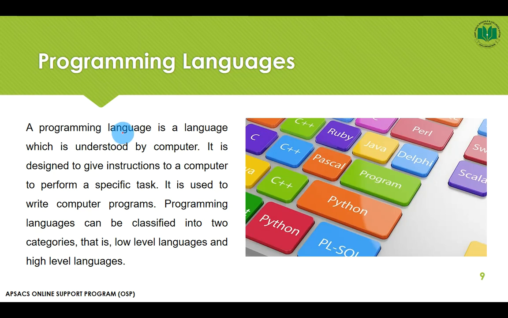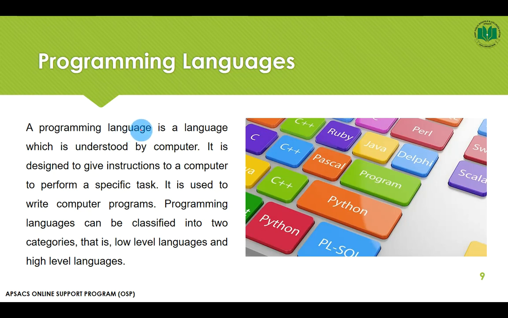So it is very simple to understand that the computer can only understand binary language. If we do coding in binary language, a computer can easily understand it, but a person dealing in binary language is not very comfortable and not very fast in this programming language.